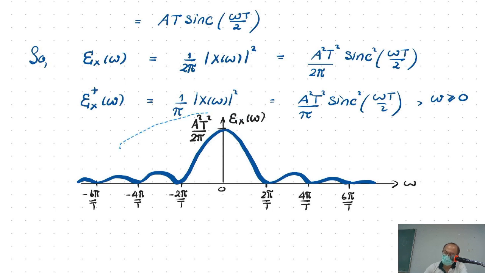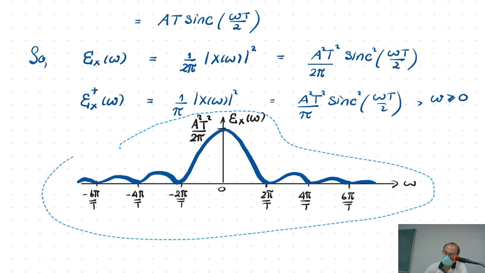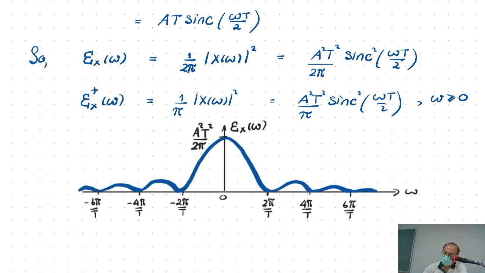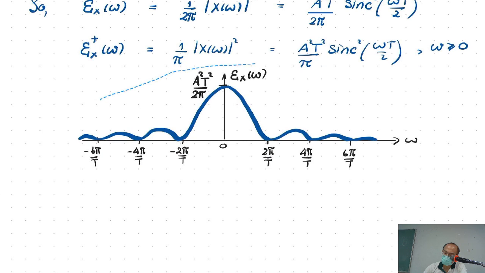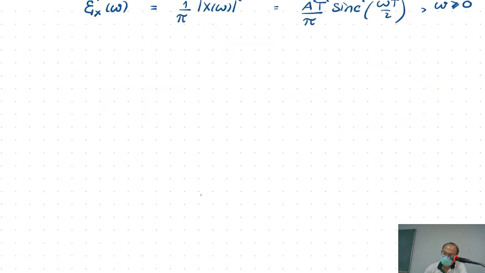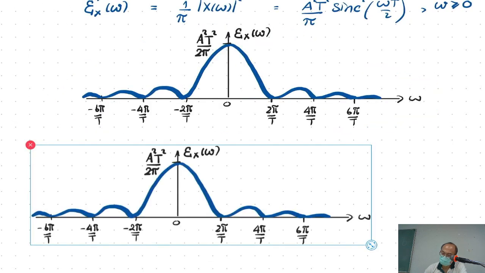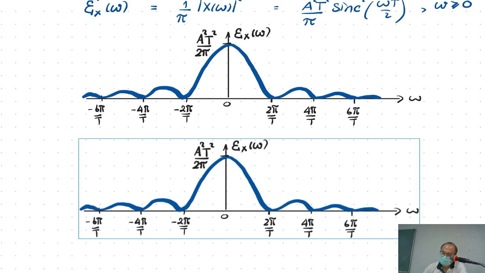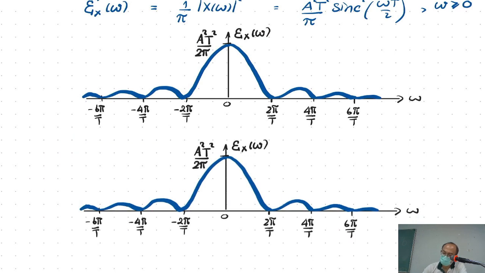Now let's try to plot the one-sided ESD. For the one-sided ESD, I have to indicate it using the positive sign there, and I'm going to have to erase the 2 there. Okay, the factor 2 would be erased.